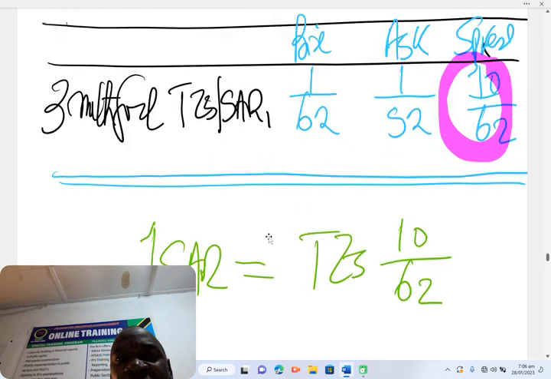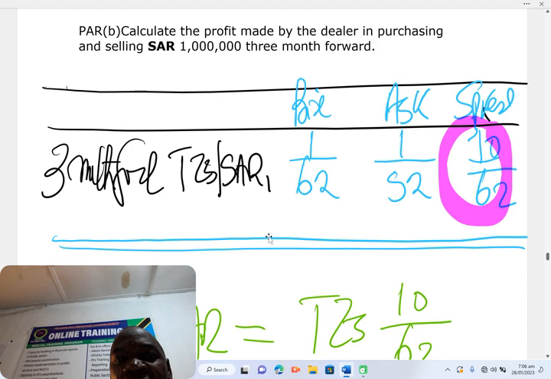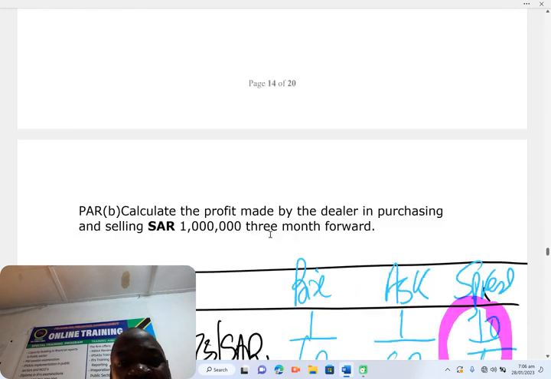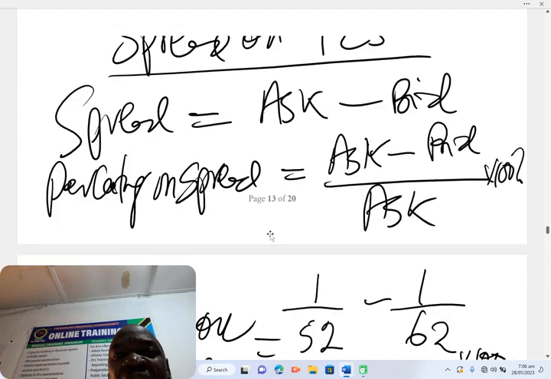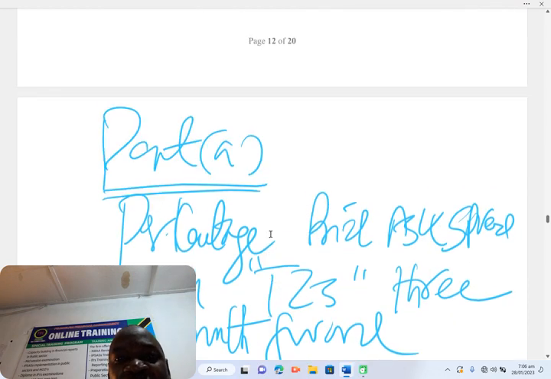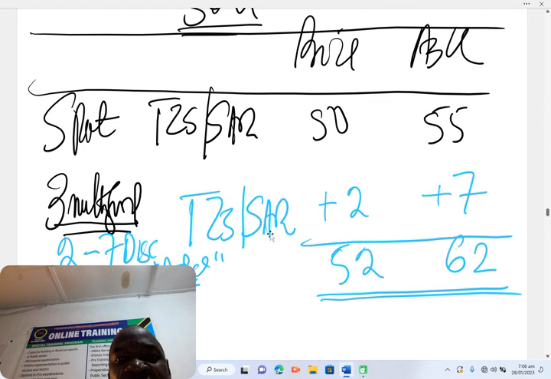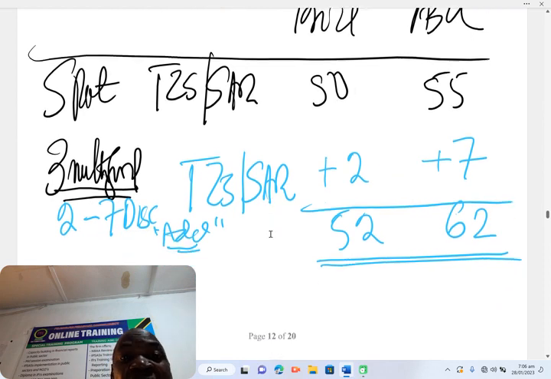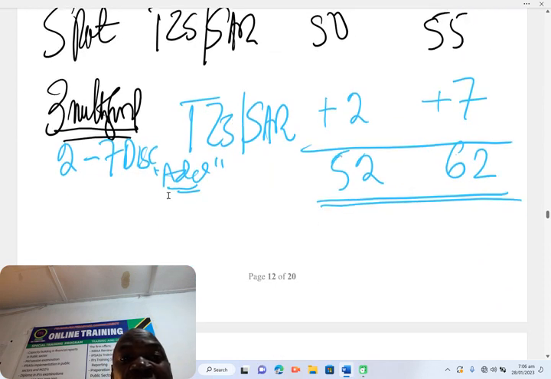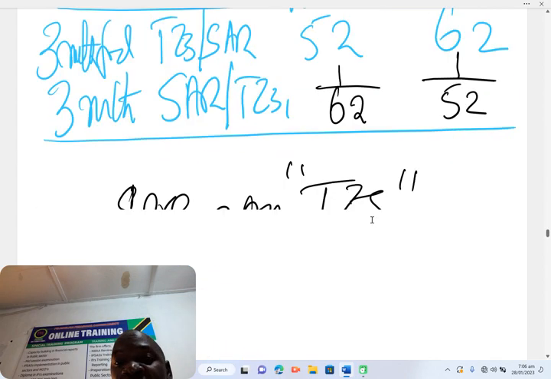I want to notice clearly here. No, wait first. We have mislooked the rates. Let me see. Yes, this is 3 months forward. So, yeah, it's 52 against 62. Sorry.